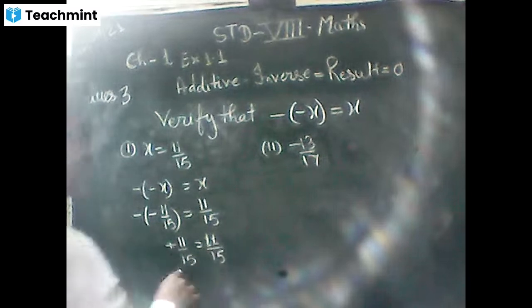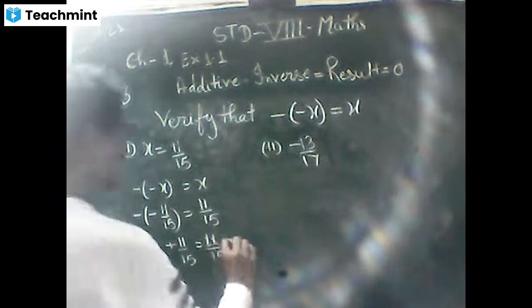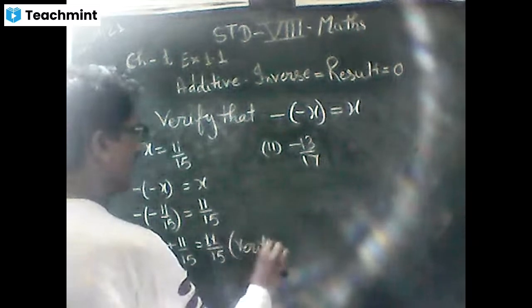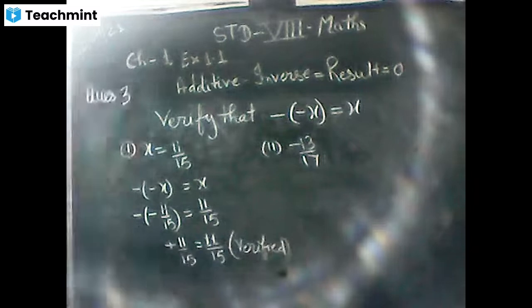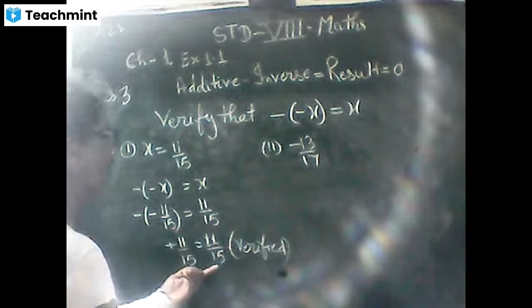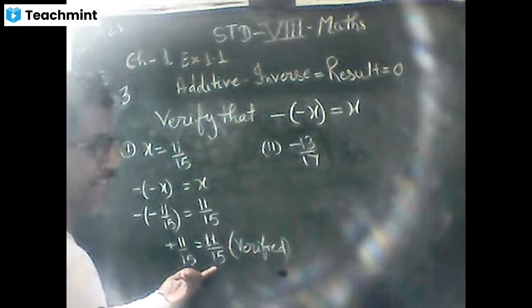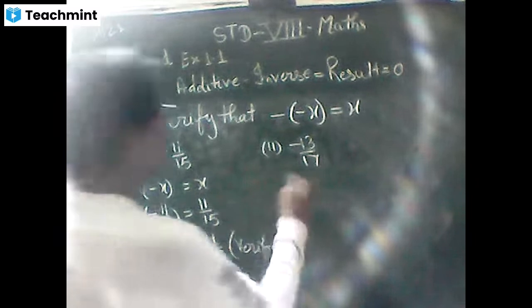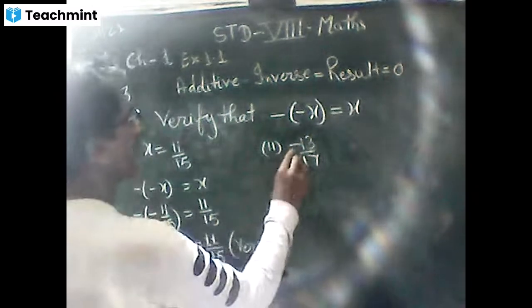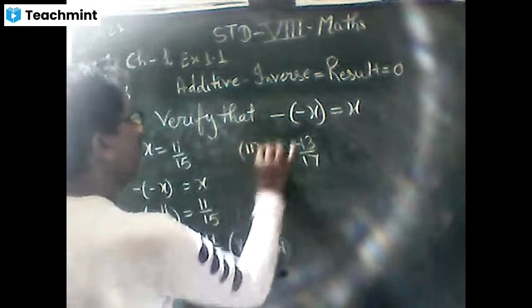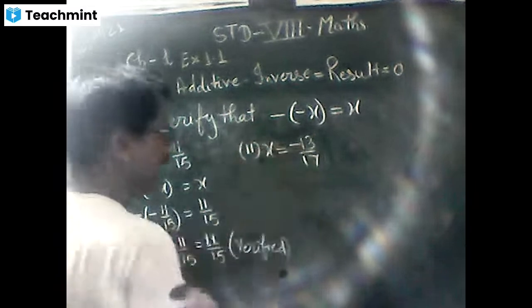If we find the same value, then we have to write verified. If we don't find the same numbers, then we have to write it is not verified. But in the second problem, our x is also negative.